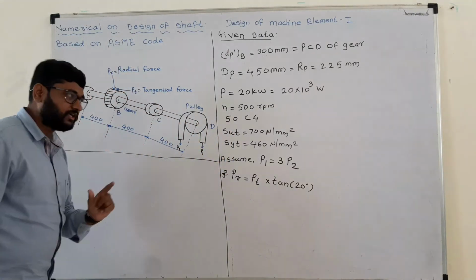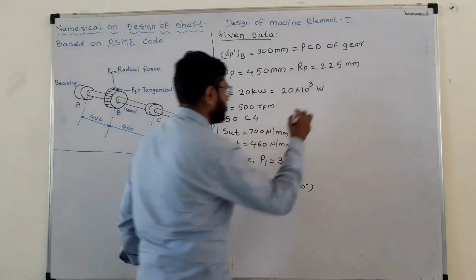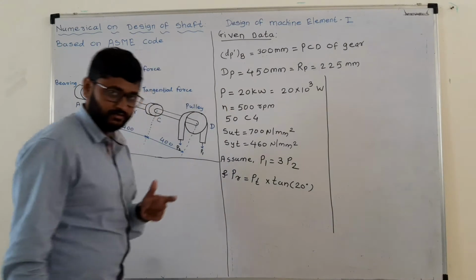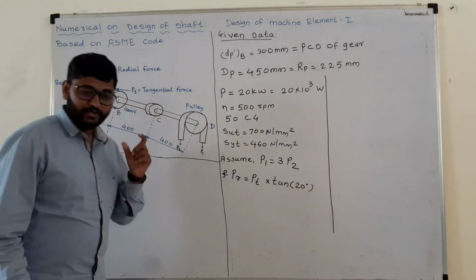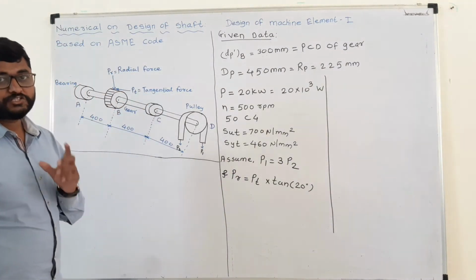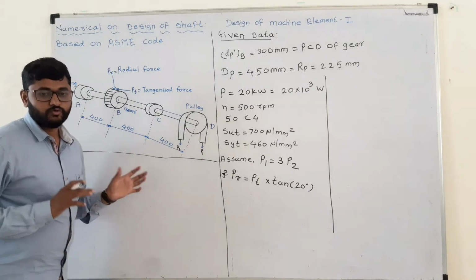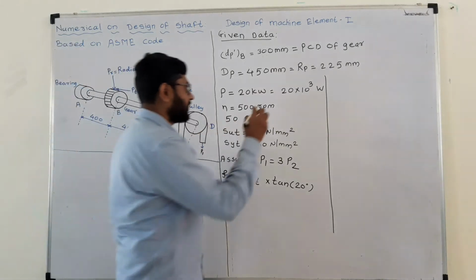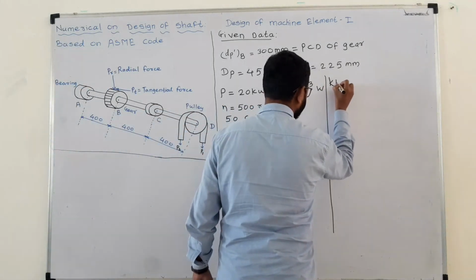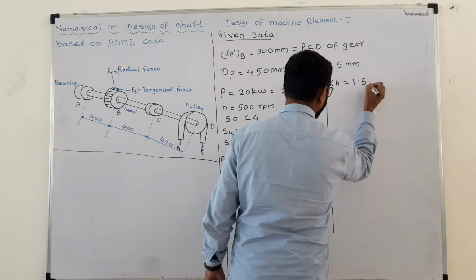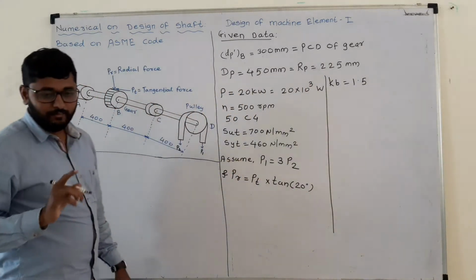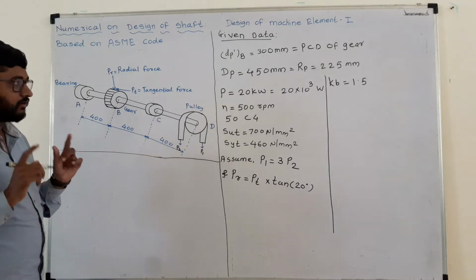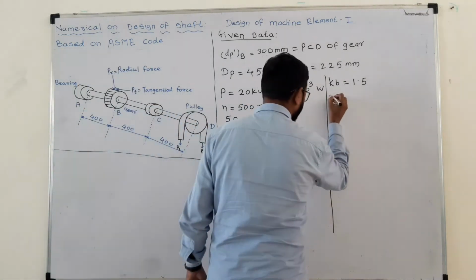KB and KT factors are also given. KB is the combined shock and fatigue factor applied to the bending moment, and it is given as 1.5.